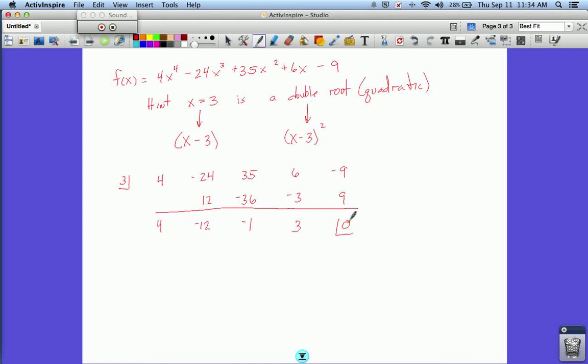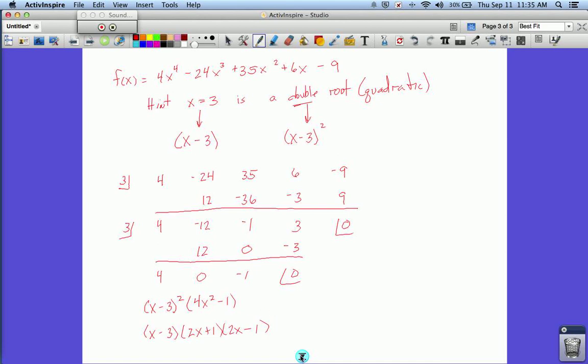I should have expected that remainder because it's a root. It's a double root, so I'm going to use 3 again. Drop, multiply, add, multiply, add, multiply, add. I should have expected that because it's a double root. All right, so I'm left with (x minus 3) squared, that's what we started with, and 4x squared minus 1. Well, 4x squared minus 1 factors into (2x plus 1) and (2x minus 1).